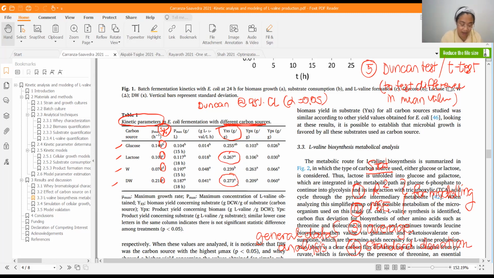And these values are different from those two values because they have the B on top. So what about this one, which has A and B? Having A and B means that it is not different from A, and also not different from B. So basically, it is placed in another category.